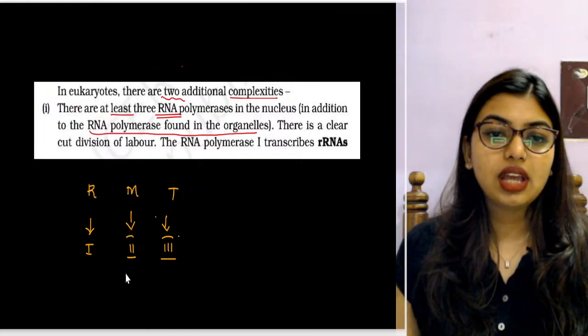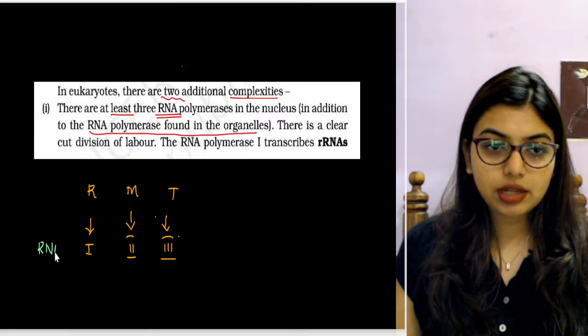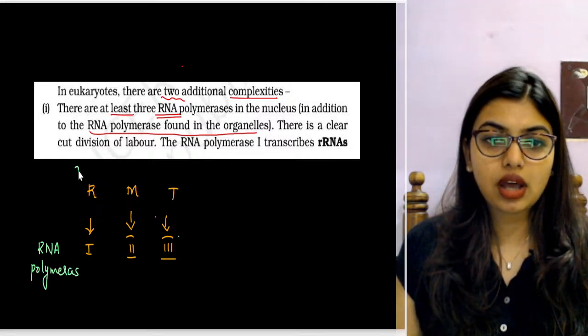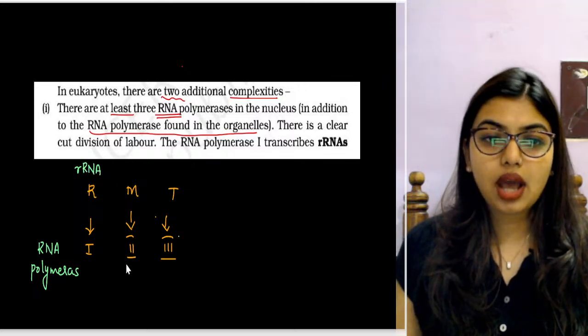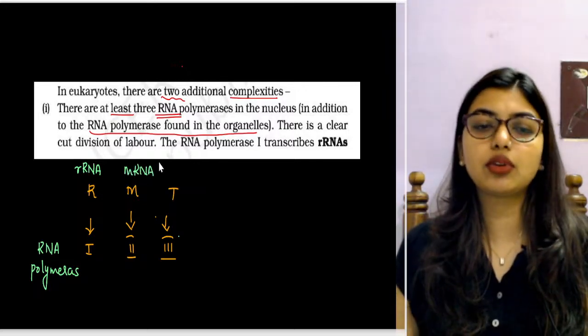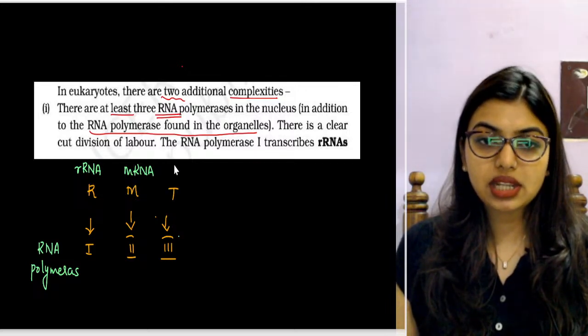So look here, all these are RNA polymerase numbers. RNA polymerase 1 codes for rRNA. RNA polymerase 2 codes for mRNA, mainly. There are other subunits that they will code for, but mainly they code for mRNA, and RNA polymerase 3 codes for tRNA.